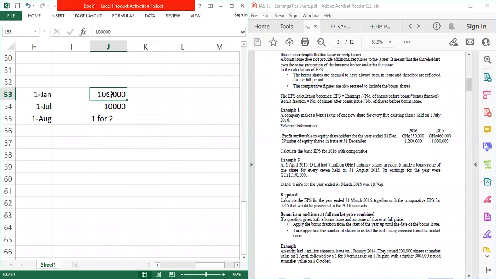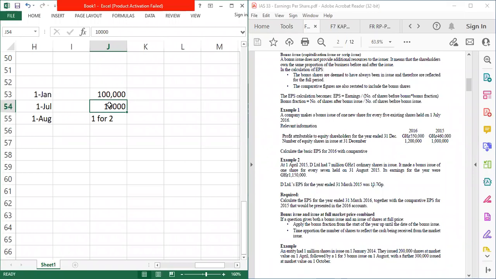If you want to look at the bonus issue, it will be full on the 100,000, because this 100,000 has been in issue from the previous year up to this year. So the full year bonus issue will apply to the 100,000 at the beginning because it has been in issue since. So the bonus issue will affect this one fully.